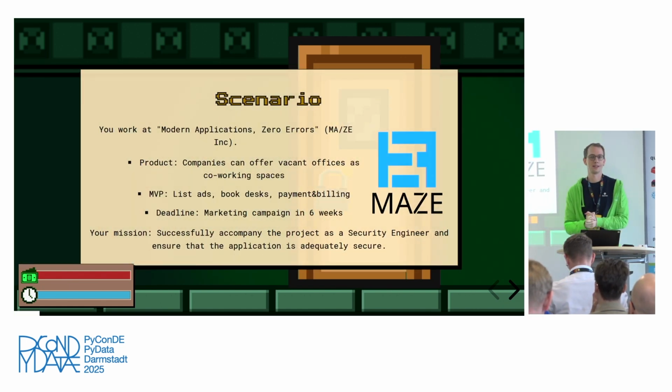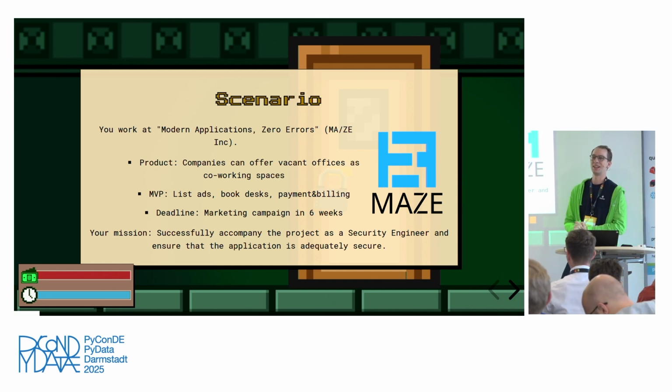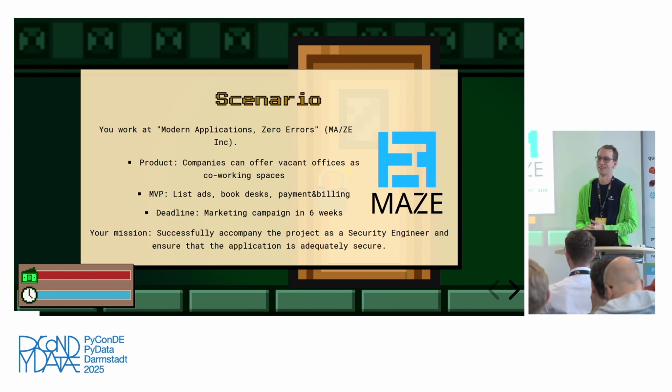But first, the scenario we are playing today. You are all working in a company called Maze, Modern Applications, Zero Errors. And you have a new product idea. After Corona, a lot of companies have empty office spaces.